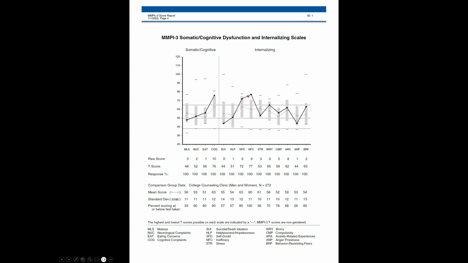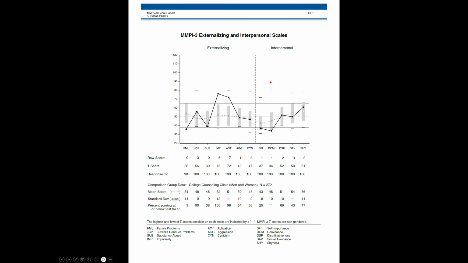So she's reached the ceiling on inefficacy, which means that by definition, she's going to be at the 100th percentile. No one can score above this ceiling. And we can see that she's also produced a clinically elevated score on self-doubt, although it falls within one standard deviation and is at the 80th percentile. That's still a clinically elevated score and one that needs to be interpreted accordingly.